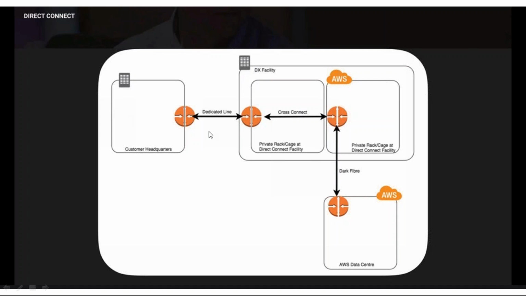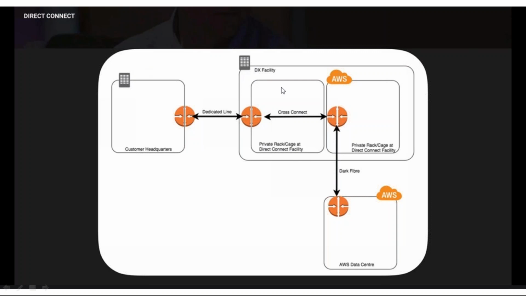They are helping us by giving a dedicated line between our company and this space which they have got. They are going to set up a private rack for our company in this Direct Connect facility center, which we call the DX facility.